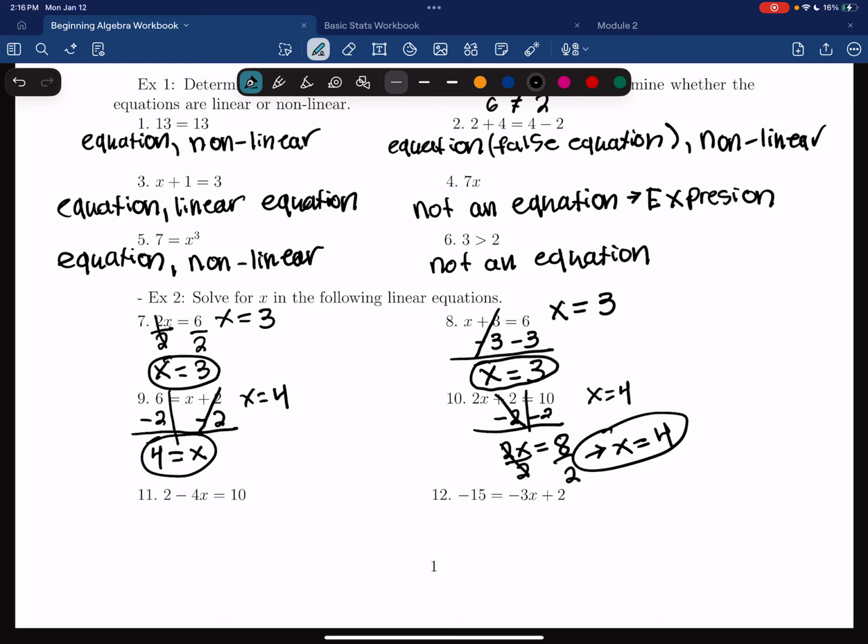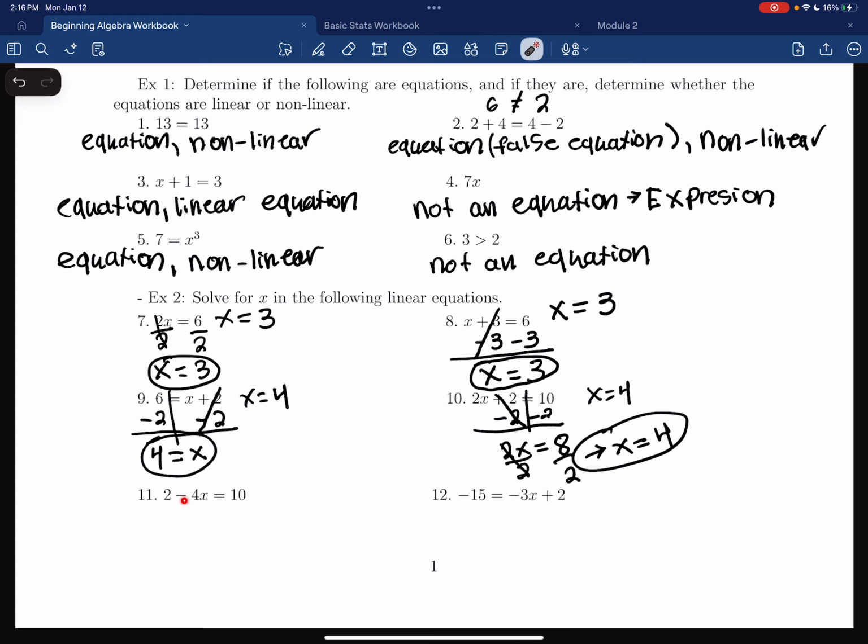So looking at this, we have 2 minus 4x equals 10. Now, some of you might see this subtraction and say, oh yeah, let's add 4x here. But in this case, I mean, you can do that. But in terms of keeping things more simple for this first section of notes, I would just keep it as it is.